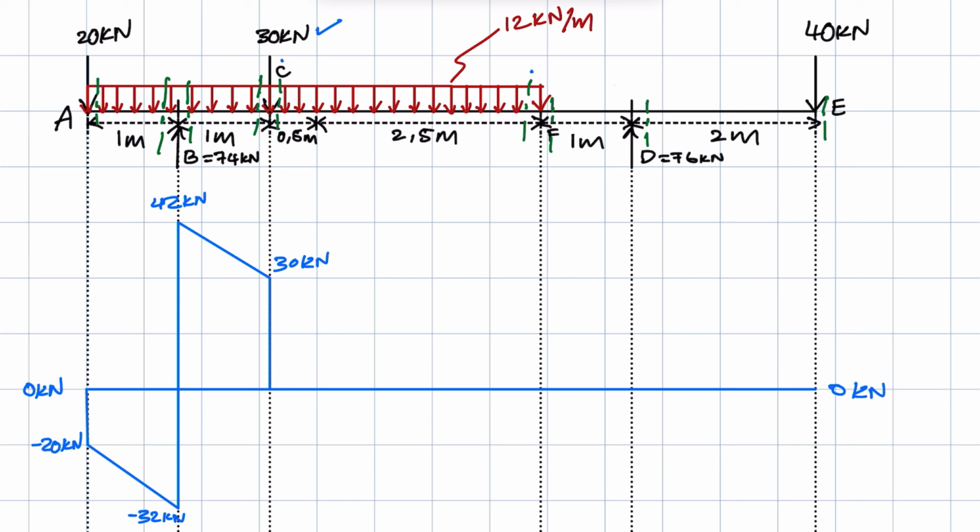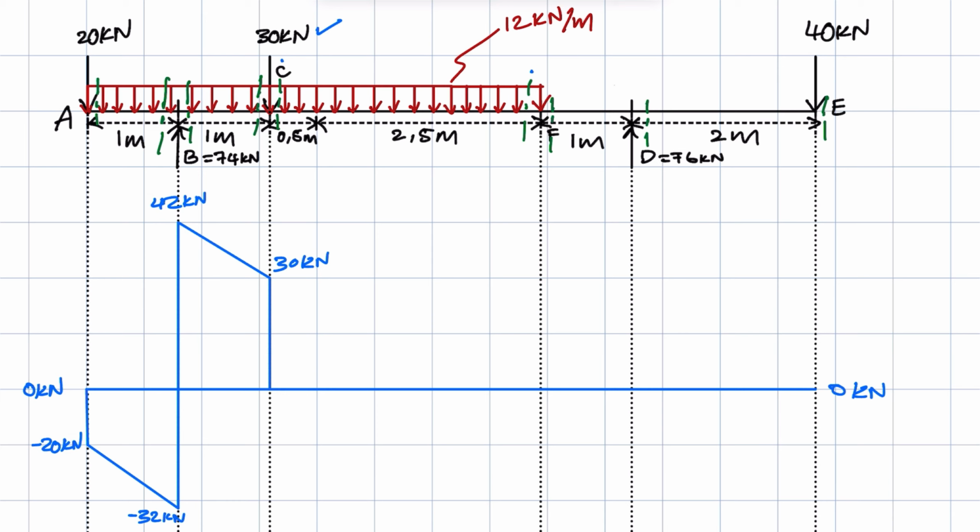Bearing in mind that our reference is currently 0, whatever forces we add or subtract, we're going to add or subtract on the 0 kilonewtons, because we are currently sitting at 0. So 0 is our reference at this point.